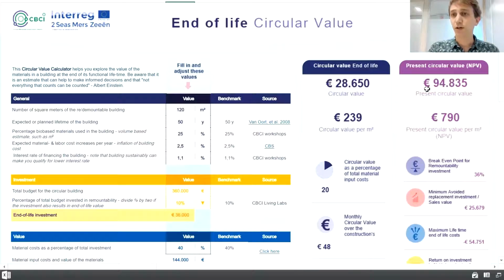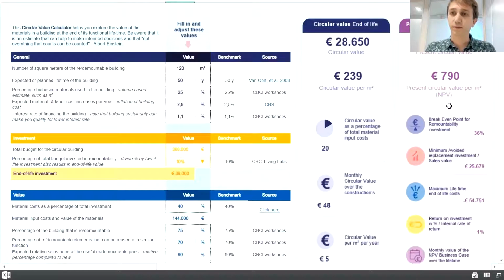But in this case, we make value over time since the materials increase more in value than the interest rate lowers it. So in this case, it's about 95,000 euros, and that ends up at 790 euros present circular value per square meter. Then we have a break-even point for remountability at 36%.